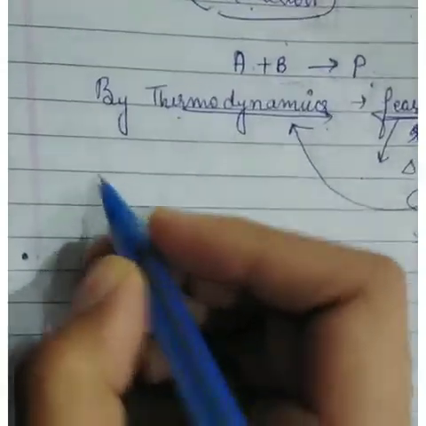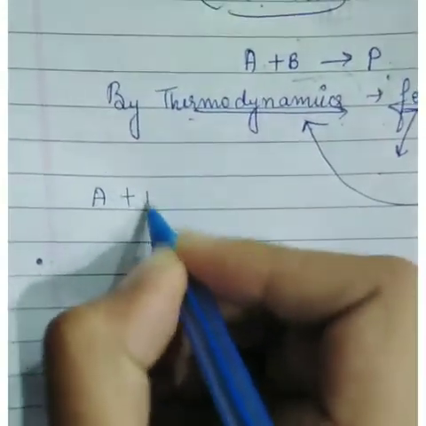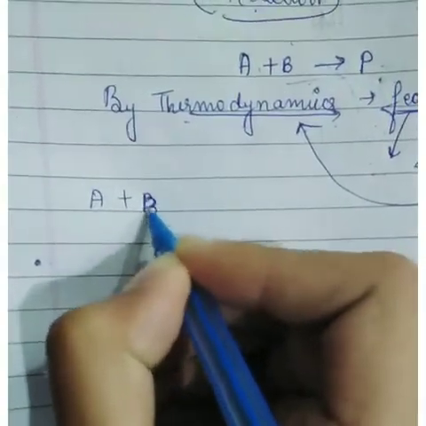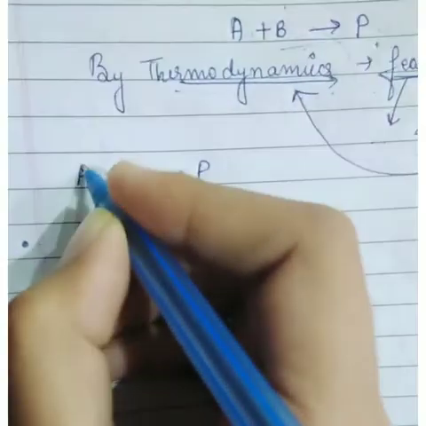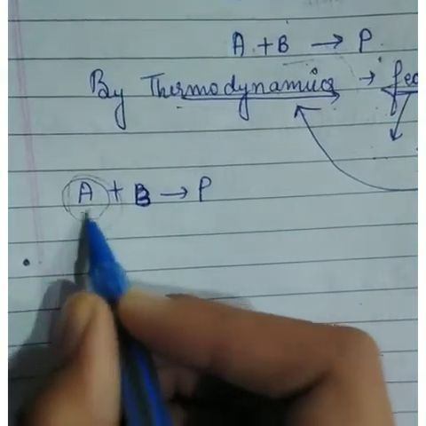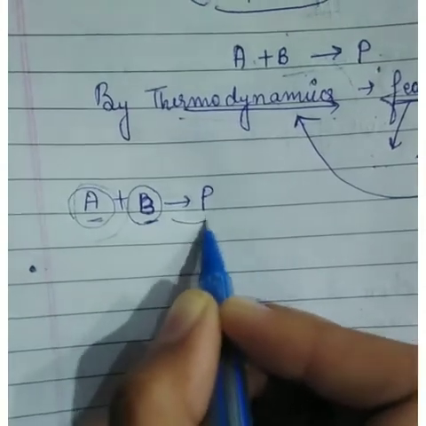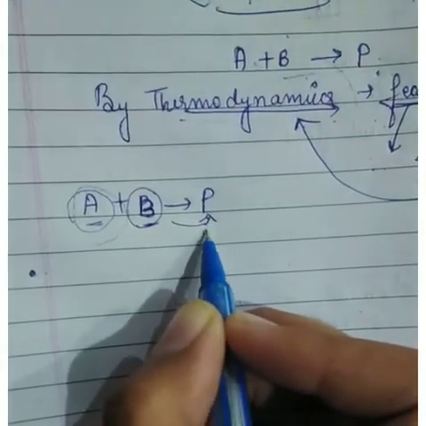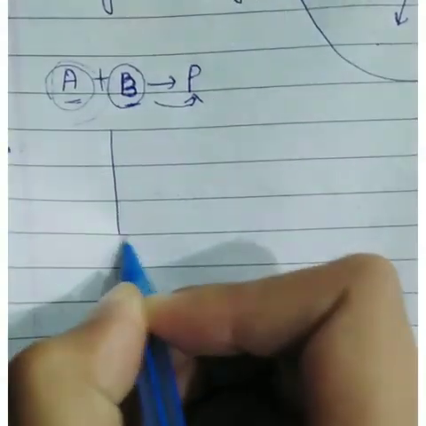So graphically, suppose this is a reaction A plus B giving the product P. At the start of this reaction, the reactant A is getting reduced, B is getting reduced, and then only the product P is getting formed. So let's draw the graph.